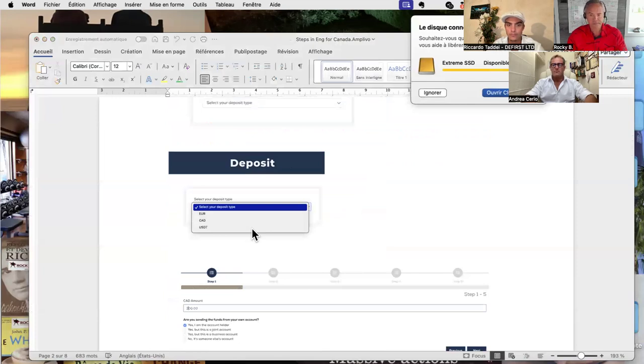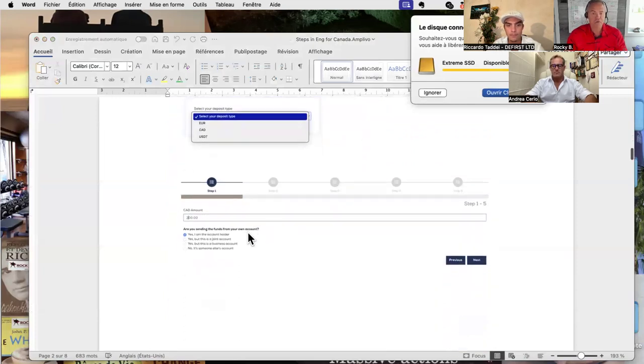You choose Canadian dollars, which almost everybody does, always above 200. We ask people not to send 50 or 20 bucks or small amounts. So you write down 200 Canadian. Let's say I want to buy a package of 100 euros, it's 171, so I'm going to send $200 Canadian.